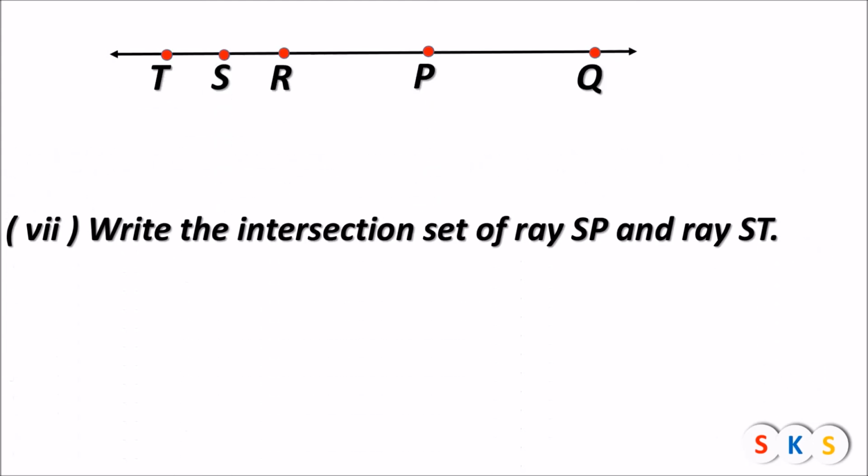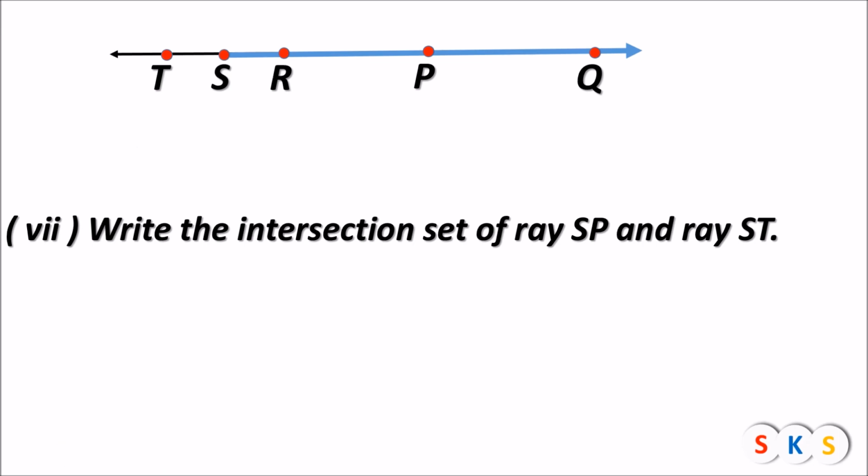Now we have question number 7. Write the intersection set of ray SP and ray ST. Intersection means the common part of both the rays. Look at this figure. This is ray SP, where the starting point is S, and it is moving towards the P side. So it is ray SQ or ray SP or ray SR. Which is another ray over here?